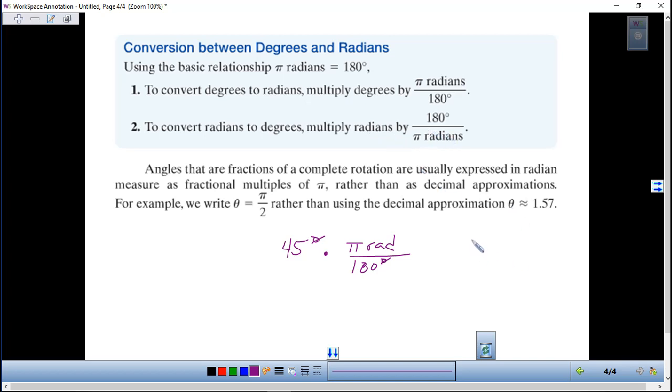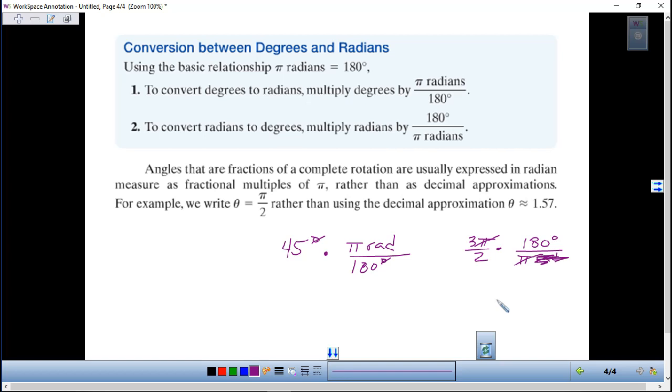So let's say we've got 3 pi over 2. Now we're going to multiply that by 180 degrees over pi radians. So once again here, and radians, remember, is not really a unit, but the pi's are going to cancel out. They will not always cancel out.